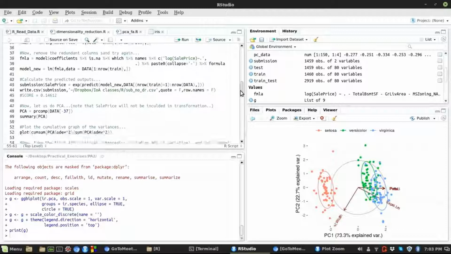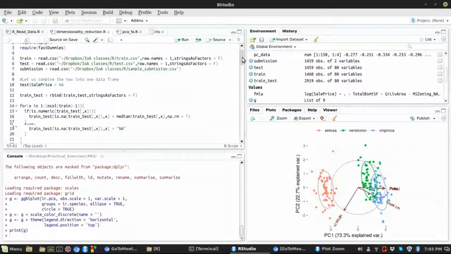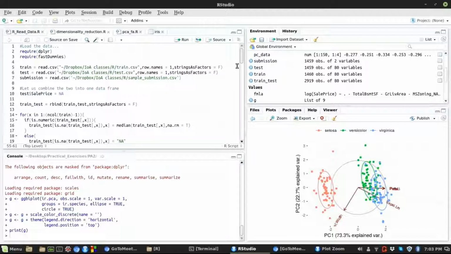So we'll be doing SVD dimensionality reduction and factor analysis. Both of those also are about reducing the number of dimensions for a set of numeric variables. So it's the same thing. You can try out the same, and I tried them out on the house pricing data just to see what impact it has on the accuracy.